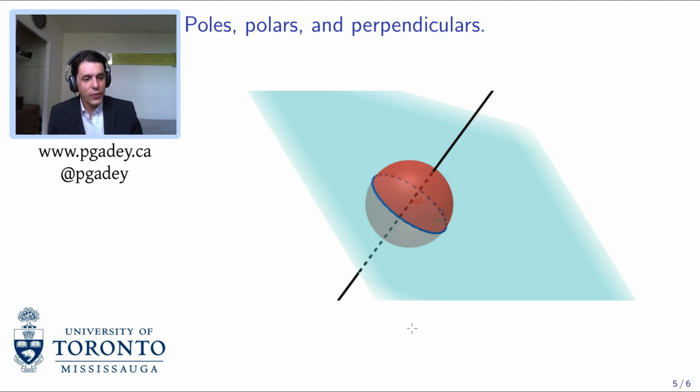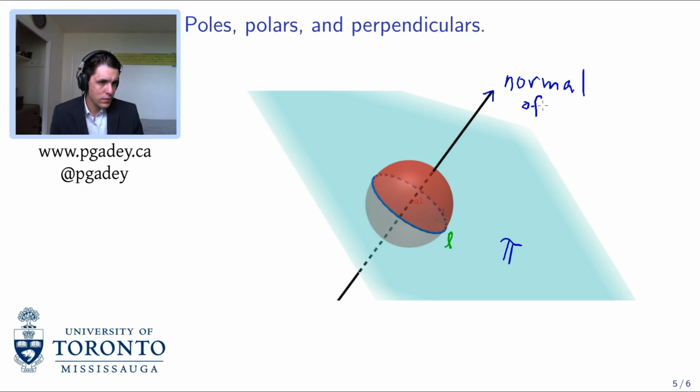So if we have a line L, then that'll determine for us a plane pi, right? And that plane pi has a normal vector. So this is the normal vector of the plane pi.